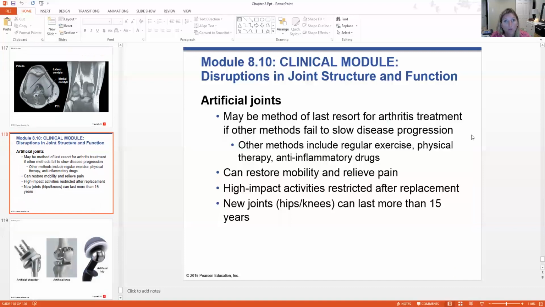High-impact activities are usually restricted, and new joints in hips and knees and such can last usually around 15 to 20 years, which is why if you are an uber athlete and you damage your knees or shoulders at a very young age, they're not going to do a joint replacement on a 25-year-old, because the joints are only designed to last 15 years and you're going to live more than 15 years. So they usually wait until later in life for that.